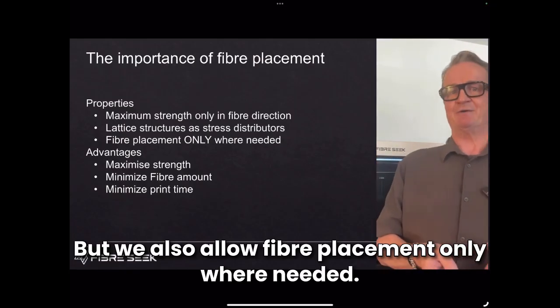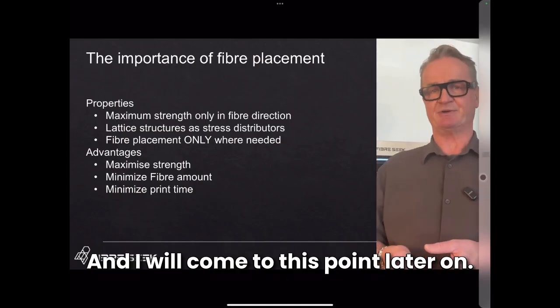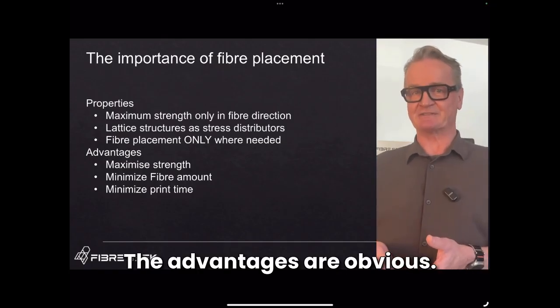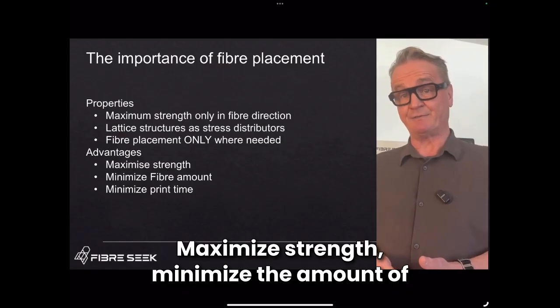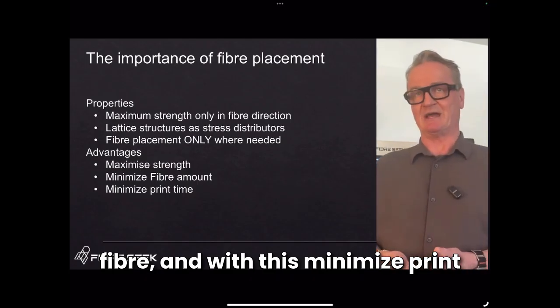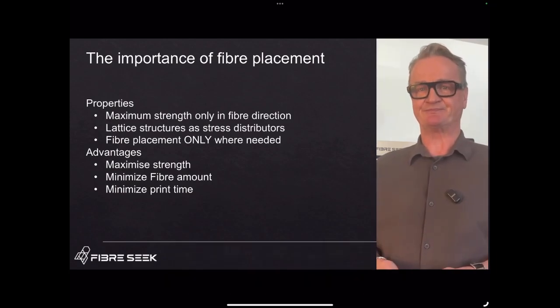But we also allow fiber placement only where needed, and I will come to this point later on. The advantages are obvious: maximize strength, minimize the amount of fiber, and with this minimize print time while producing super lightweight parts.